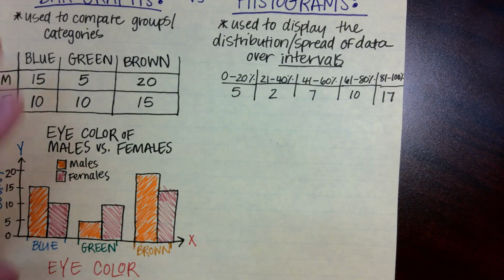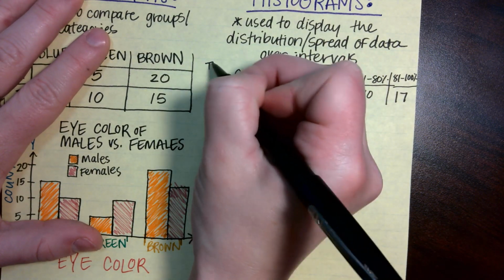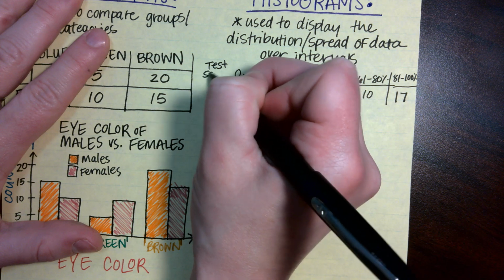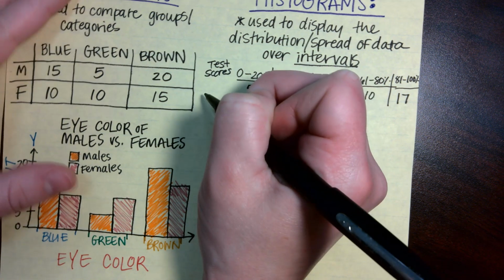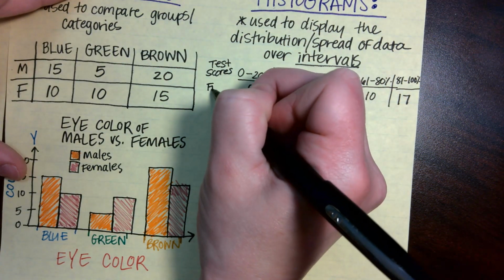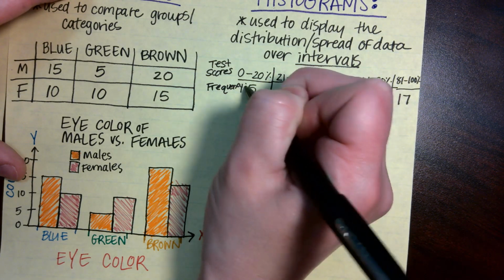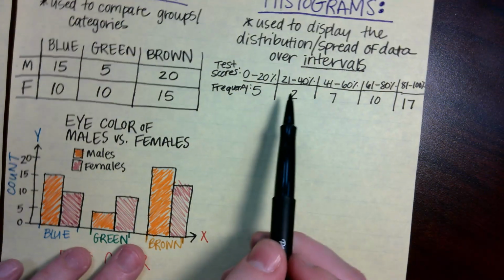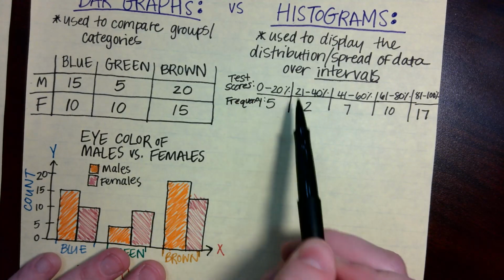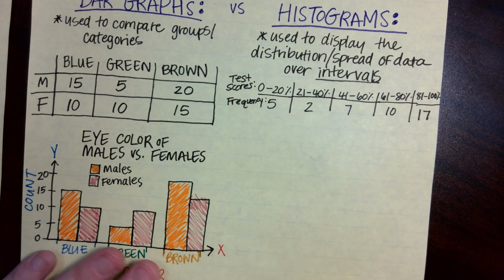Okay, so here's our data. So it's test scores. And you can either call it the count or the frequency. Basically, how often the score was in this range of data.